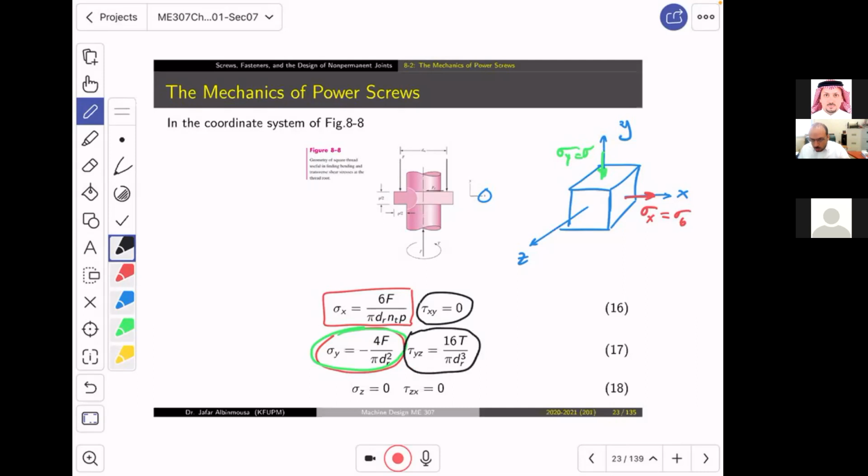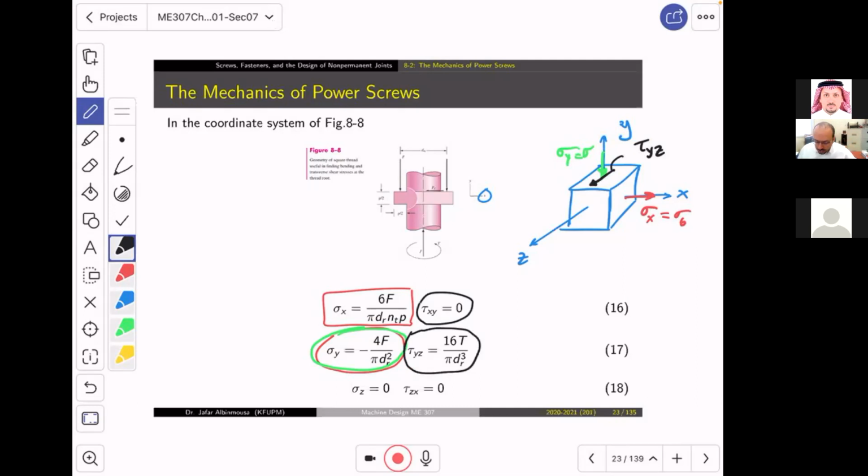Now, tau yz, ya shabab, is going in this direction. This one is tau yz. It is acting on the y face, and it is going in the z direction. Good. Now, look what happened, ya shabab.